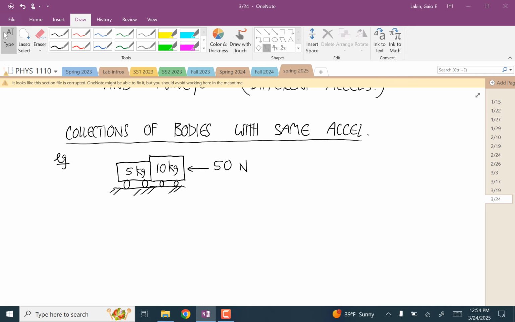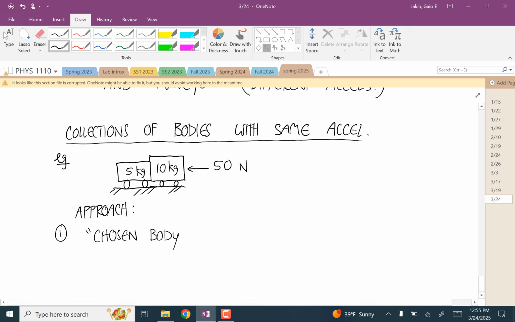And so the approach that we're going to use here is, first, our chosen body is going to be the whole collection treated as a single thing. So the chosen body is the entire collection of bodies.